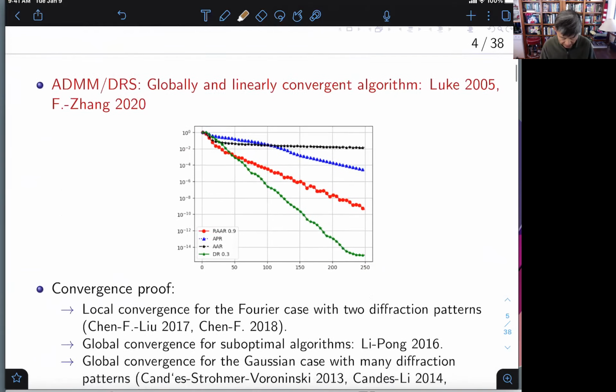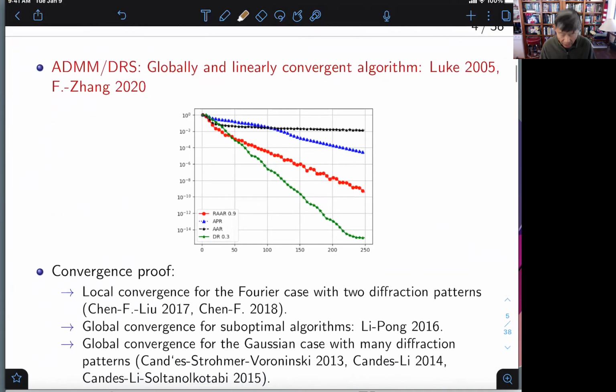Now as far as I know, if one were to get rid of this two-stage algorithm and come up with one method that actually converges globally and linearly, meaning pretty fast, then I would say ADMM and the Douglas-Rachford splitting method work the best, at least empirically.